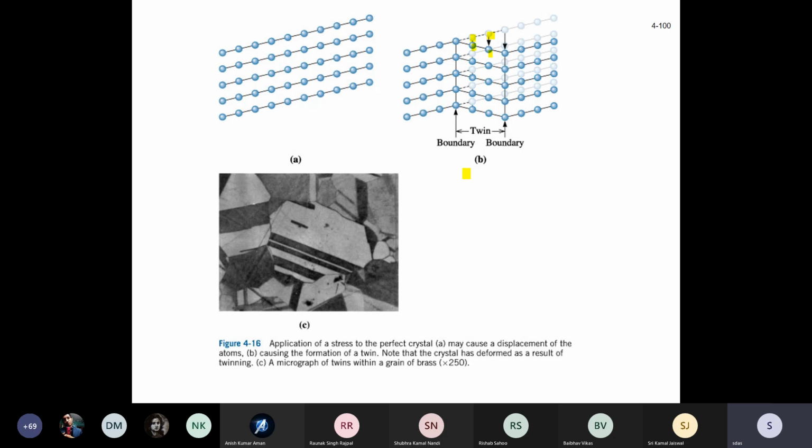If the load is sufficient, at least one of the 12 slip systems will be effective and slip will take place. But they show annealing twins. If you subject it to severe mechanical deformation and then heat it at a particular temperature, you create twins in face-centered cubic metals, and they are called annealing twins. You must read up Dieter's book. Very nicely, all these are explained in Dieter's book.